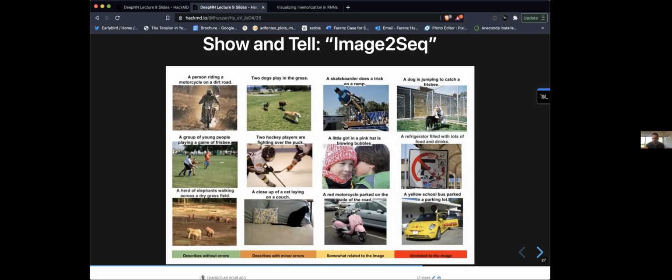Not sure if you can read that. But sometimes it was actually very good. So here it describes this image as a person riding a motorcycle on a dirt road. So this architecture was pretty good at translating the information that was present in an image and outputting a sentence describing that.